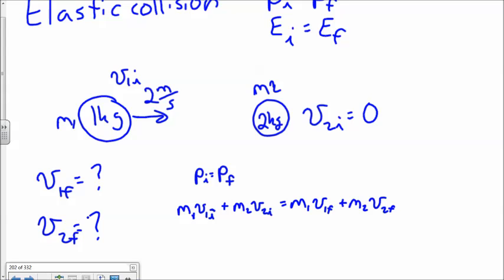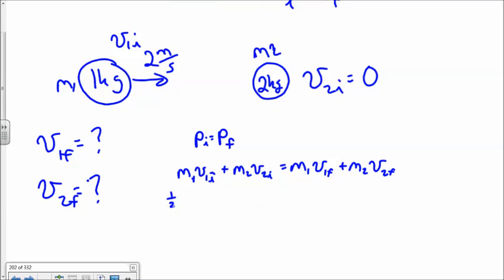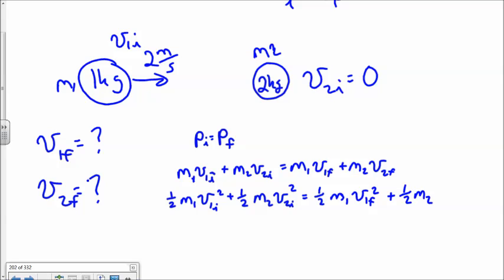I can also say that the energies are conserved, 1/2 m1 v1i squared plus 1/2 m2 v2i squared equals 1/2 m1 v1f squared plus 1/2 m2 v2f squared. So now I have two equations.